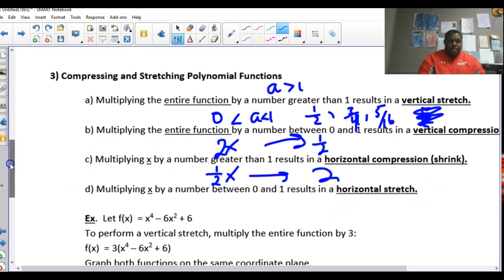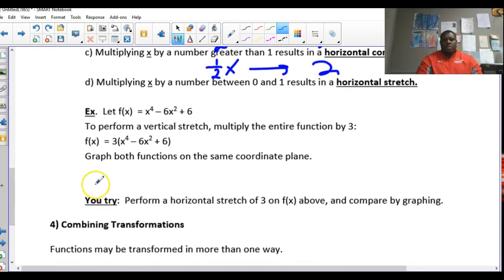An example here: I wanted to stretch this polynomial, so multiply the entire thing by 3. That gives us 3x to the 4th minus 18x squared plus 18. That would be a stretch.